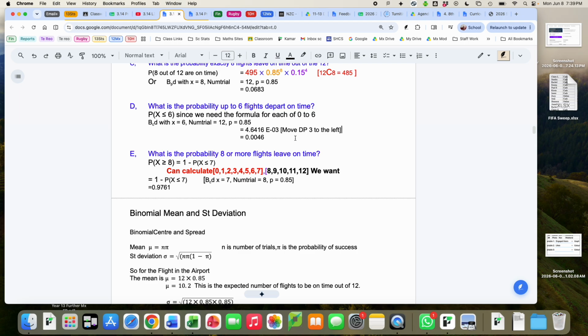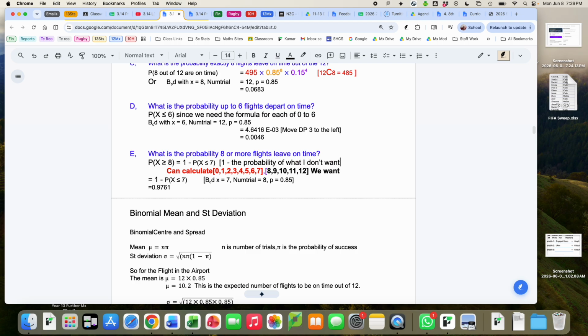Of that happening. Okay. What is the probability 8 or more flights leave on time? Now this gets tricky, but the limit on the calculator is I can't do 8 or more. What I can do is 7 or less. It's a standard rule in probability that if I go 1 minus, and what I'm doing there, if I put this in brackets, I'm doing 1 minus the probability of what I don't want.